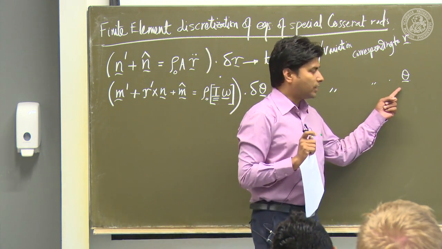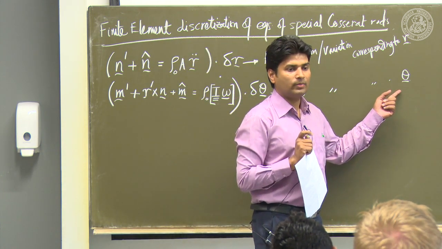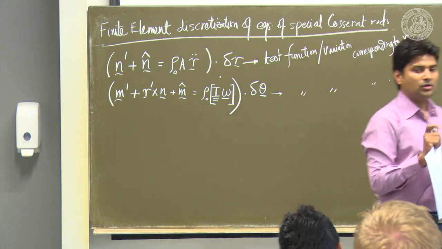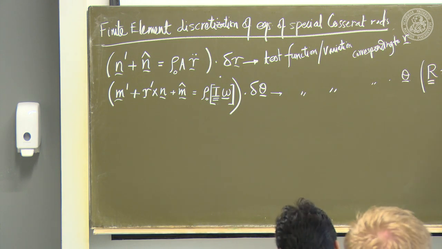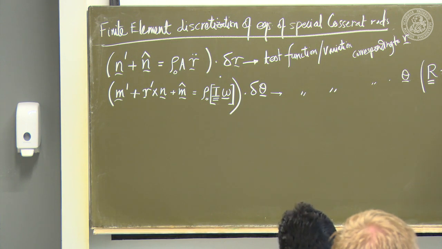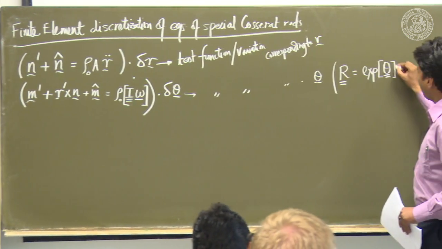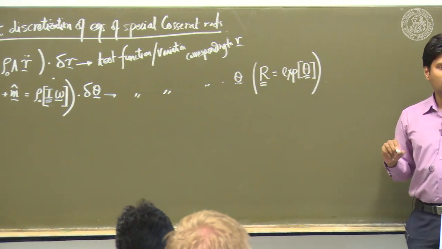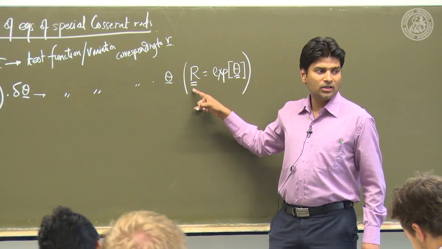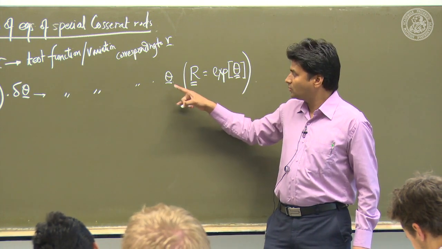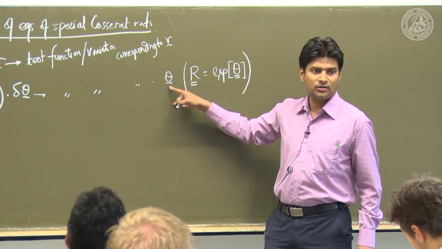And the variable theta gives you the rotation matrix. How would that give you? You simply say the rotation matrix big R is equal to the exponential of the skew symmetric tensor theta. So essentially this rotation, although it's a 3 by 3 matrix, has only 3 unknowns in this theta vector.